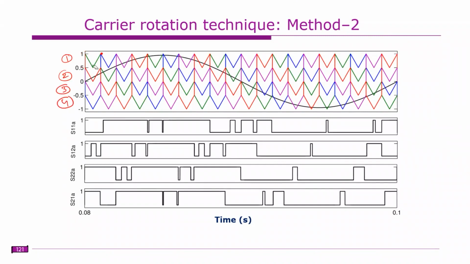This carrier is occupying the second band, then in the subsequent cycle the third band, and now the fourth band. Again it moves to the first band. Understood? So this is how the carriers are transposed.